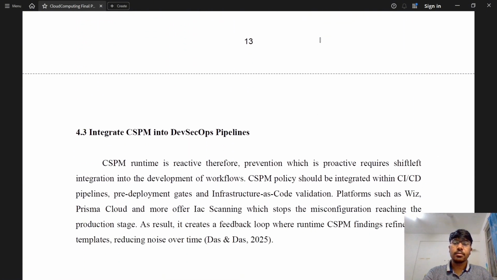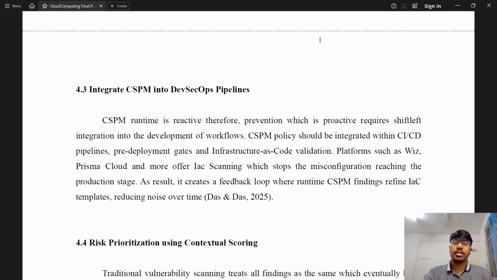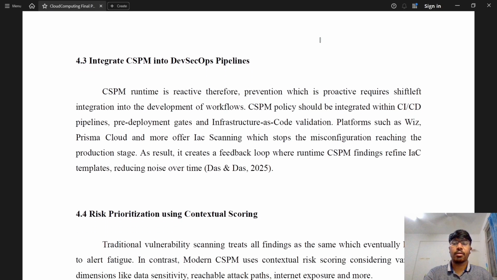Thirdly, integrate CSPM into the DevSecOps pipeline, where CSPM is integrated into CI/CD pipelines to scan infrastructure as code before deployment and prevent misconfigurations from reaching production.